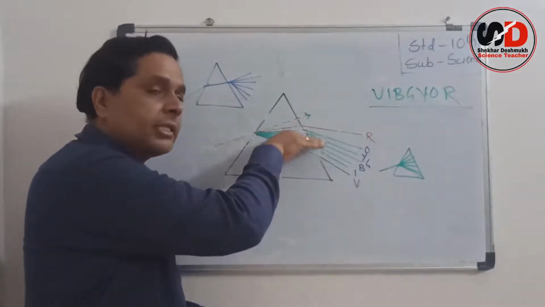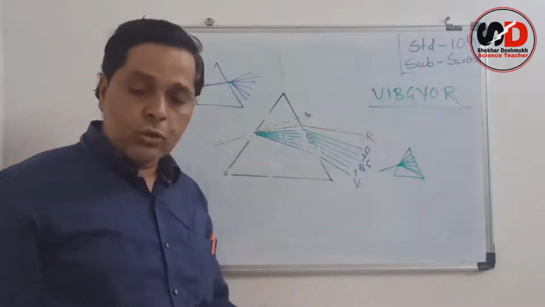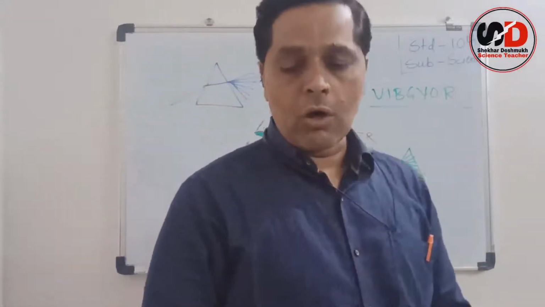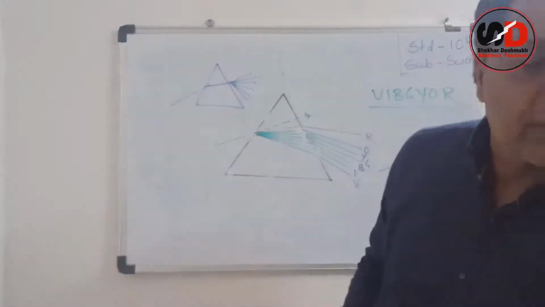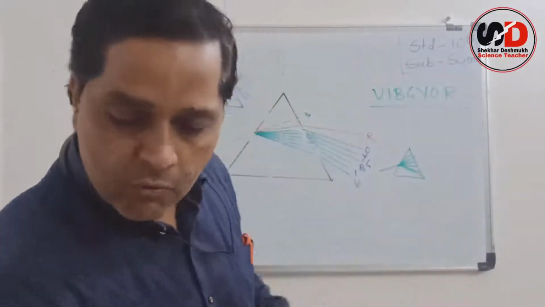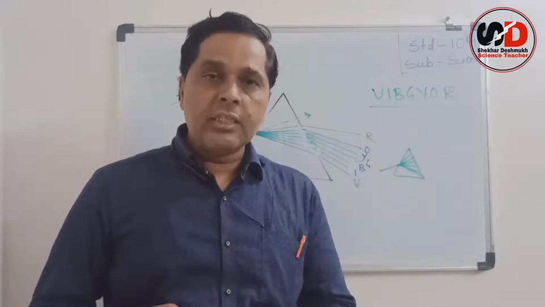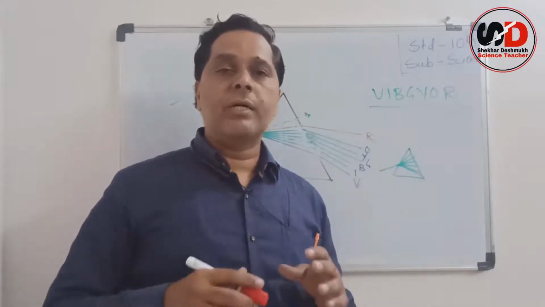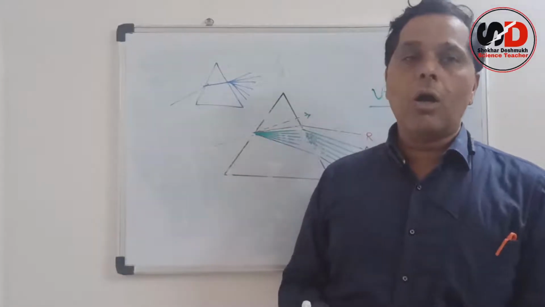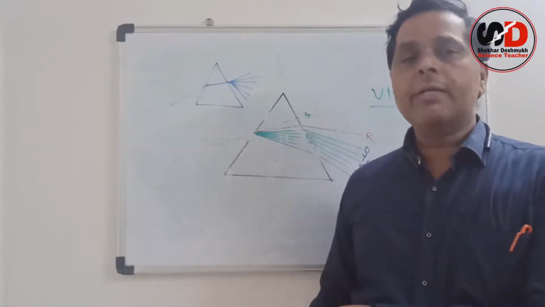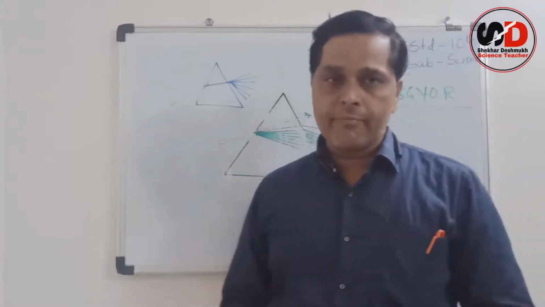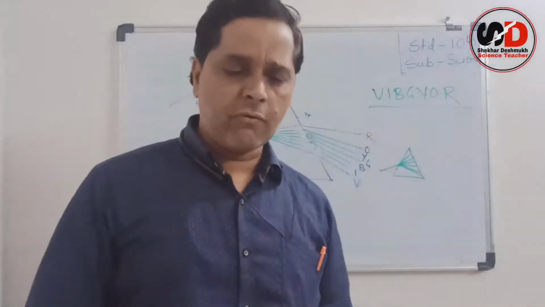Incident direction च्या सगळे खाली असतात. Okay, so this is a very simple phenomenon, that is nothing but dispersion of light. What is dispersion? The splitting or separation of component colors of white light whenever it travels through a particular medium. So this is nothing but the dispersion of light.